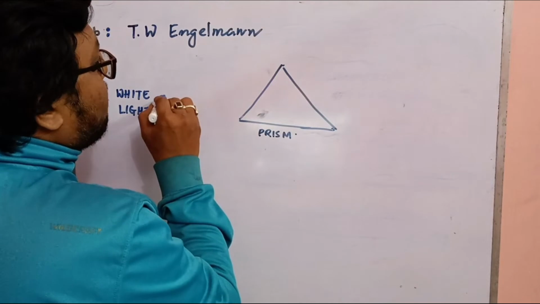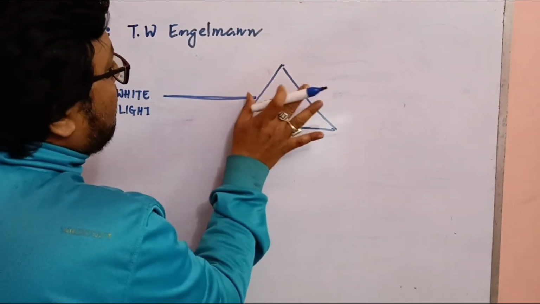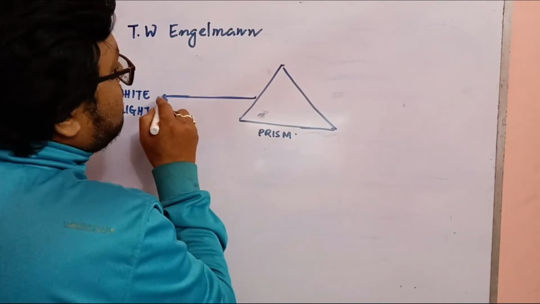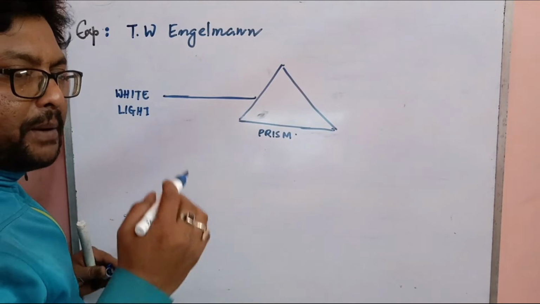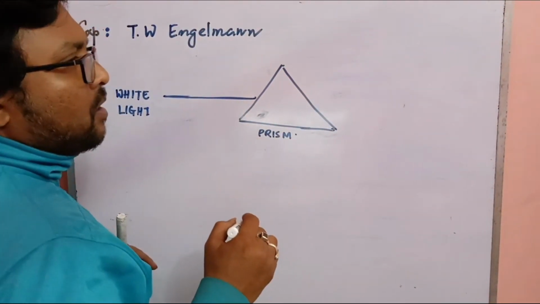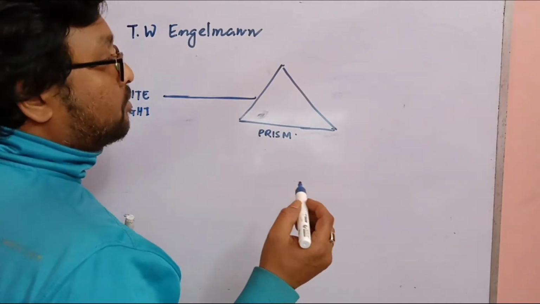Now what will happen if white light is split through a prism? Can you tell me please? The colors will spread into 7 colors. How many? 7 colors.